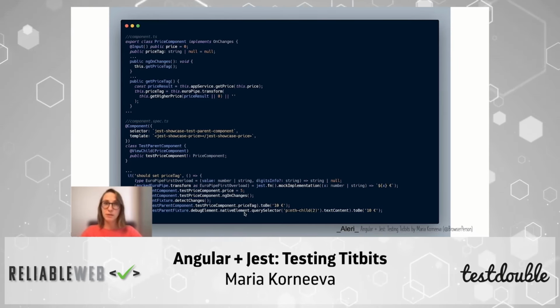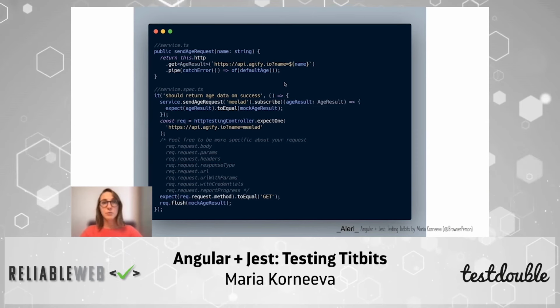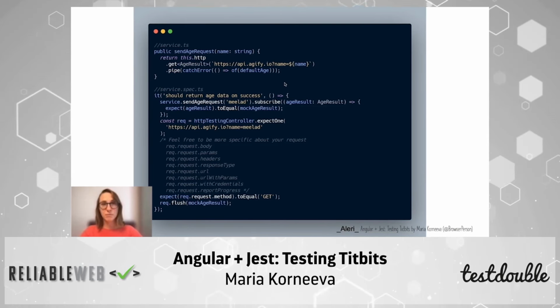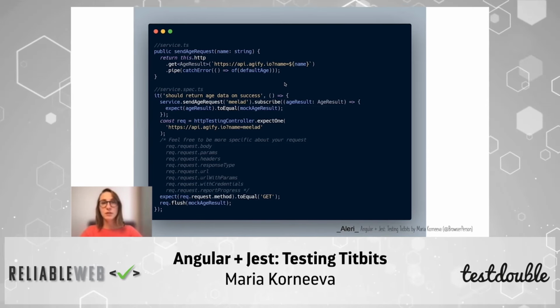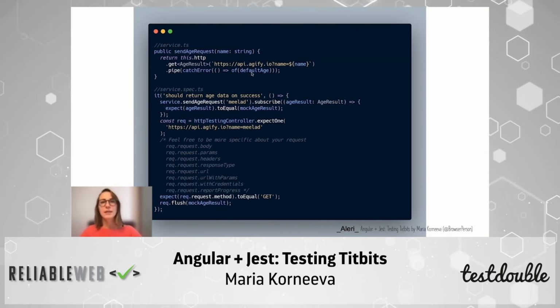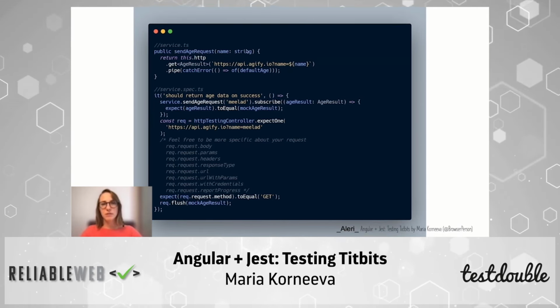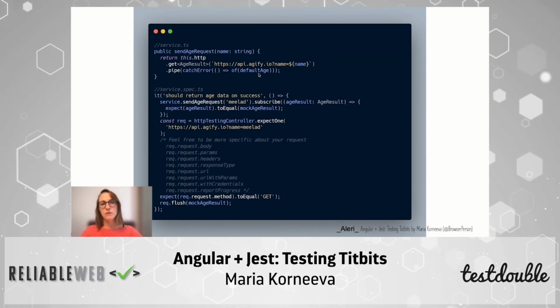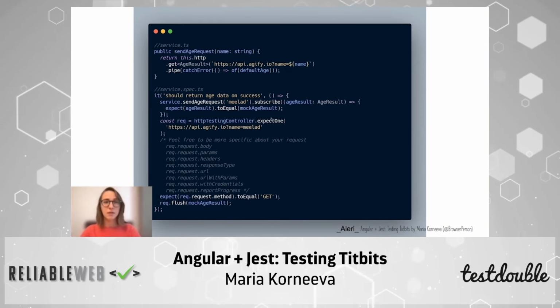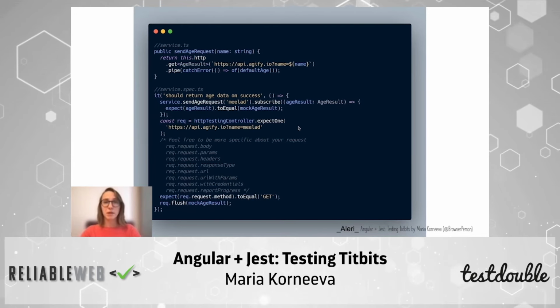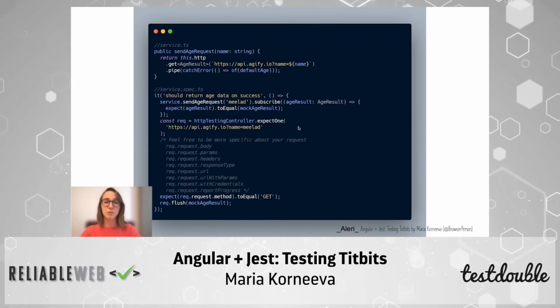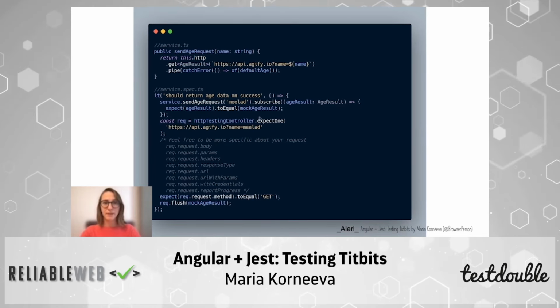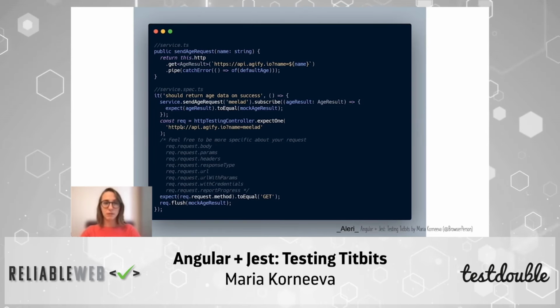Testing HTTP requests is extremely important because this is something that usually is out of your control. Let's start with a simple GET request. It appends a name parameter and returns the default age if an error occurs. To test this method, you have to subscribe to it because otherwise the HTTP request wouldn't be fired. Then you can expect one request to be made.